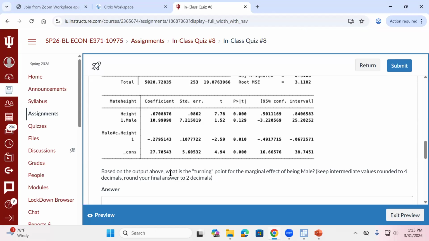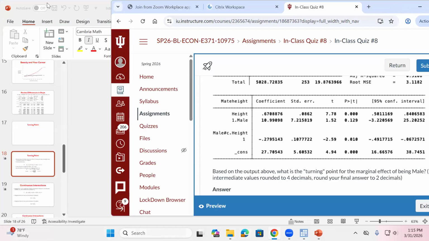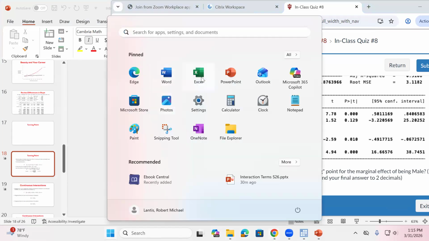But it's going to be that coefficient on the dummy variable divided by the coefficient of our interaction term, but then there also should be a negative sign up front. That's just if we didn't plug in the values, that would always be what we get for the turning point. So for us, if we take 10.99 and divide it by 0.28, anybody want to help me with the math? Or I can pull up an Excel here to be our calculator.